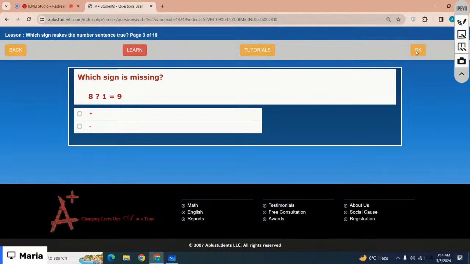Yes, the correct one is you have to add: 8 plus 1 equals 9. The correct option is 8 plus 1 equals 9. You need to add them, right? When you add, they make 9.